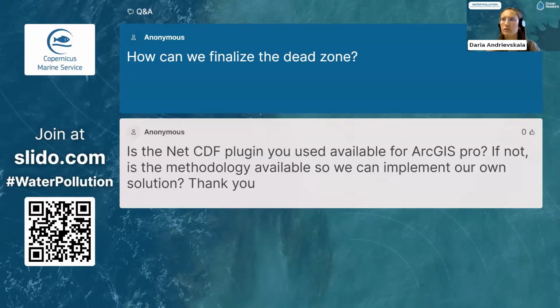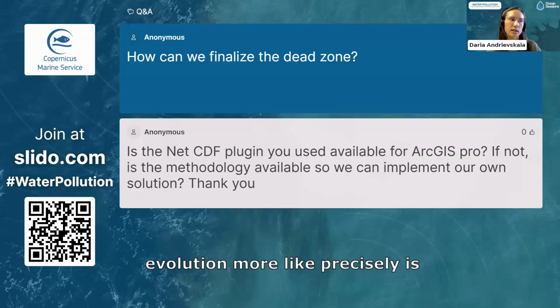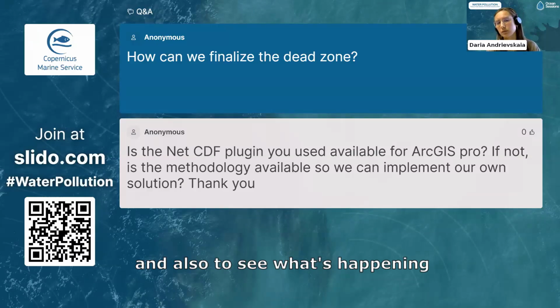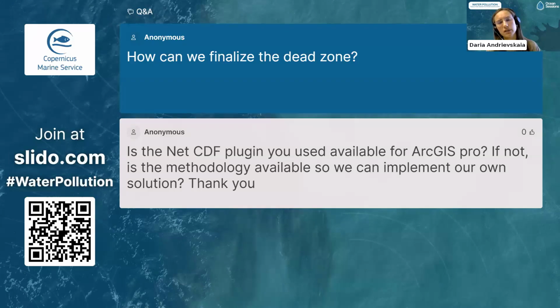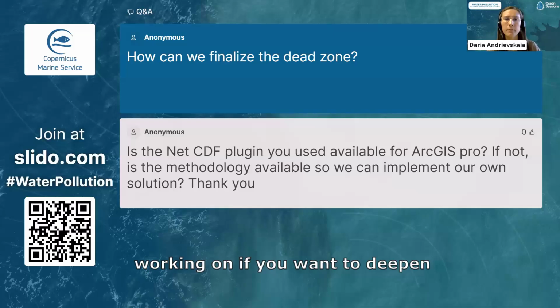Also, to see the evolution more precisely, we can look at deeper levels for oxygen concentration, and also see what's happening in September, for example. All of that is also stated in the PDF file as additional exercises for you to continue working on if you want to deepen your knowledge with the data and QGIS.